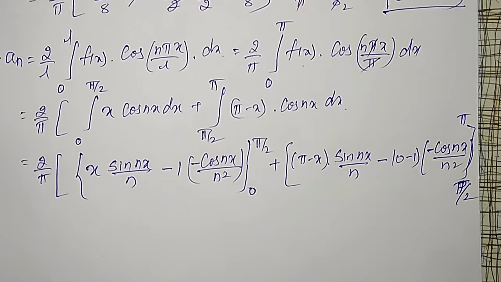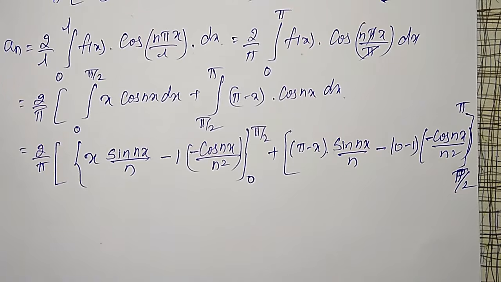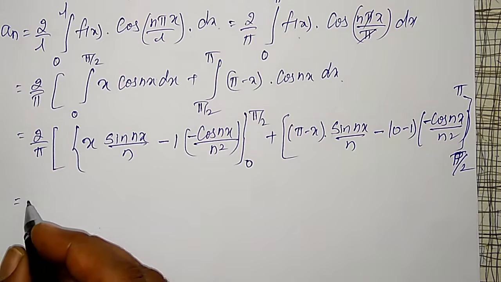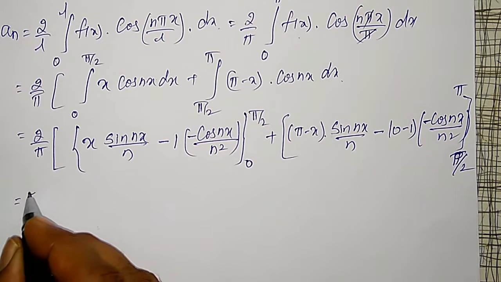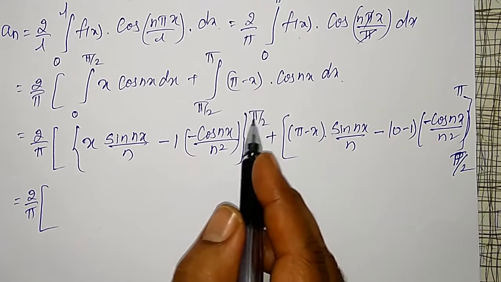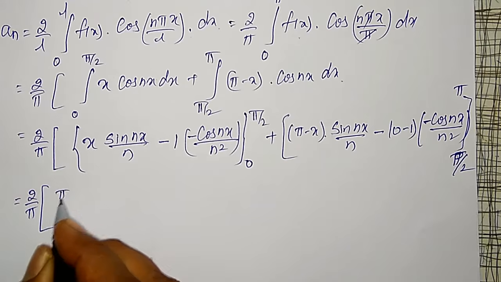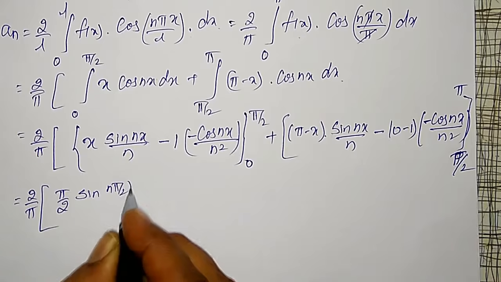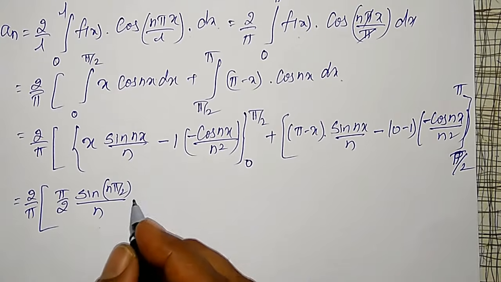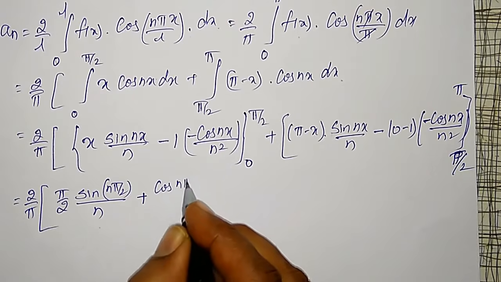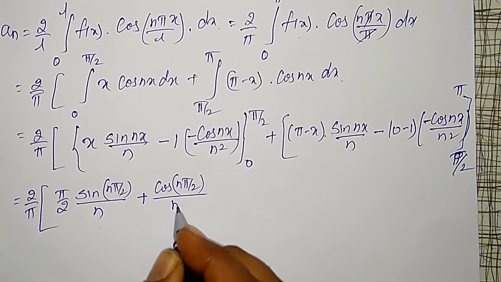pi. These two I have to evaluate carefully for both upper limit and lower limit. Therefore, I substitute upper limit minus lower limit term by term. That is 2 by pi, first term upper limit, I substitute x equal to pi by 2: pi by 2 into sine of n pi by 2 divided by n, first term, minus plus cos n pi by 2 divided by n square.